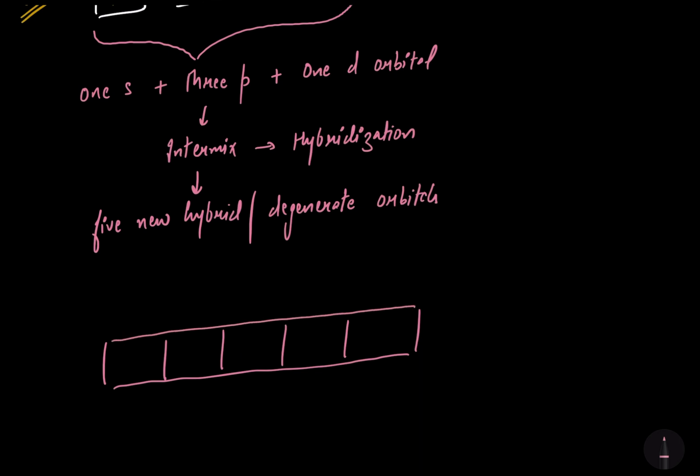Now, what will be the name of the hybrid orbitals? It's the mixing of 1s, 3p and 1d.